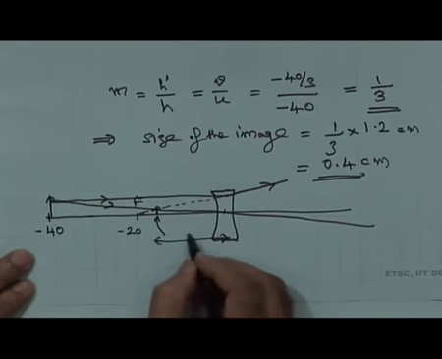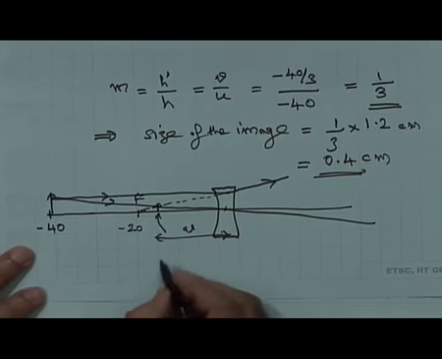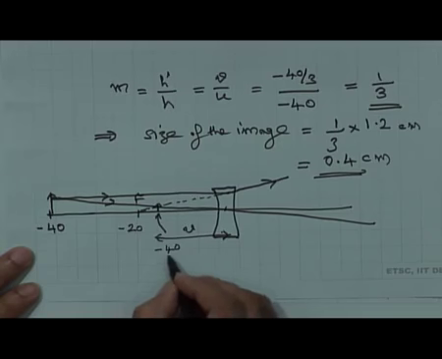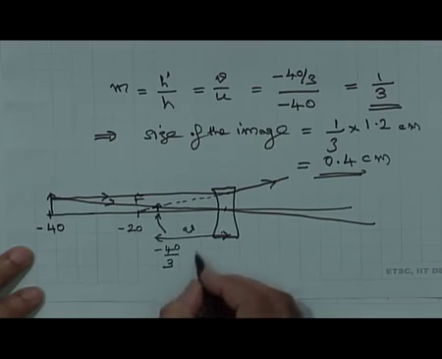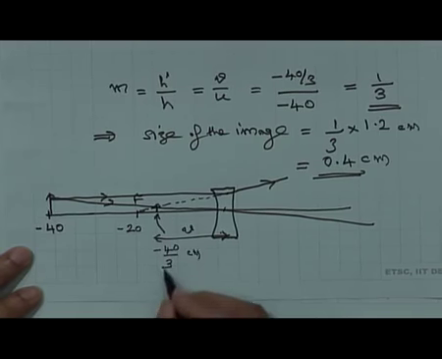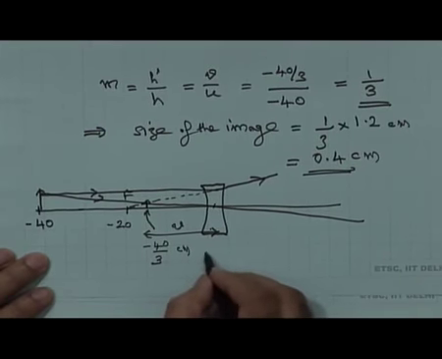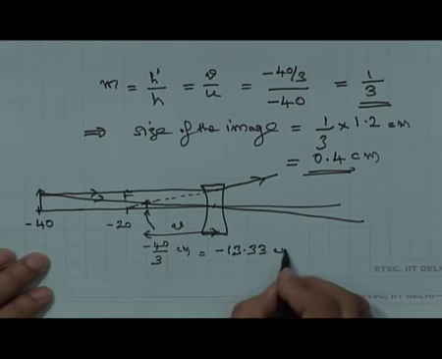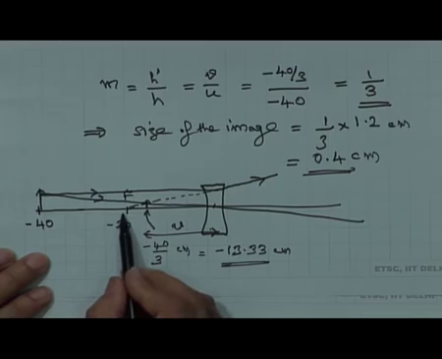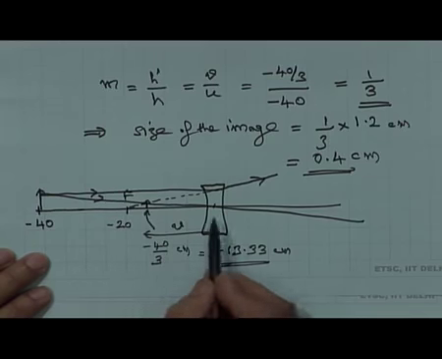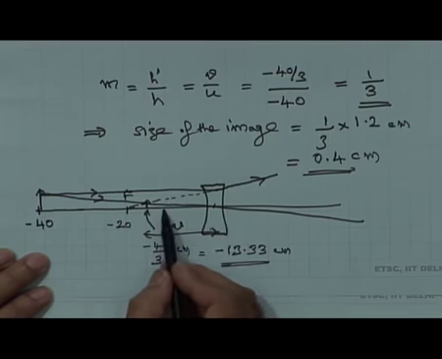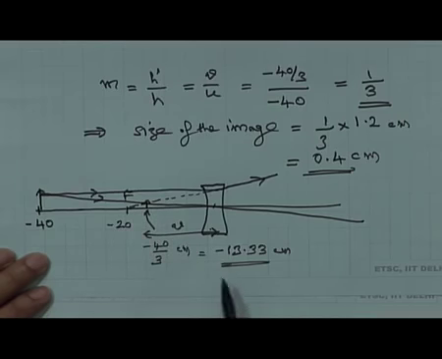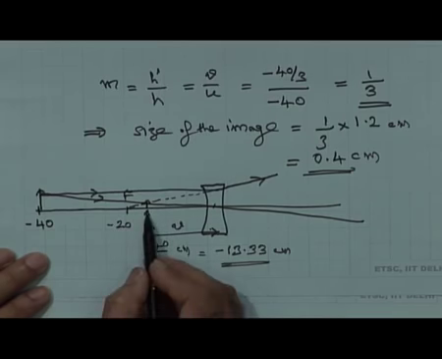So V is equal to minus 40 by 3 centimeter. 40 by 3 is 13.33, so V is minus 13.33 centimeter. Obviously we can see that it is below 20. Here is 0 and here is minus 10, minus 20, so it's approximately minus 13.3.